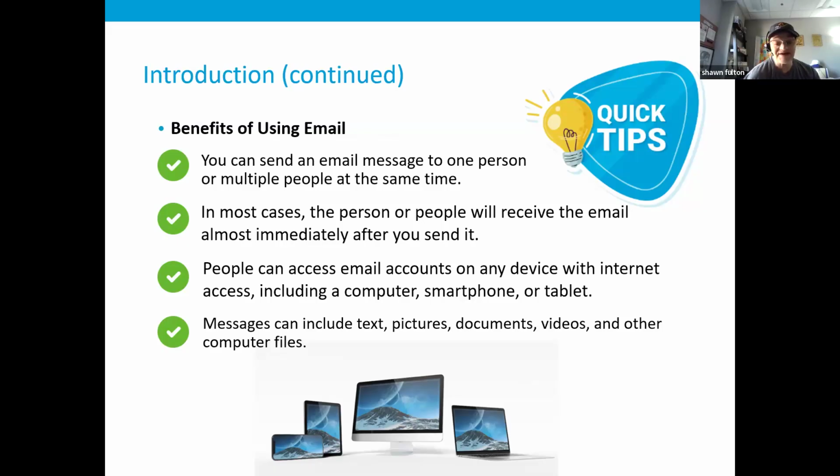People can access email accounts on any device with internet access, including computers, smartphones, or tablets. Messages can include text, pictures, documents, videos, but videos cannot be very long or you can't send them, and other computer files.